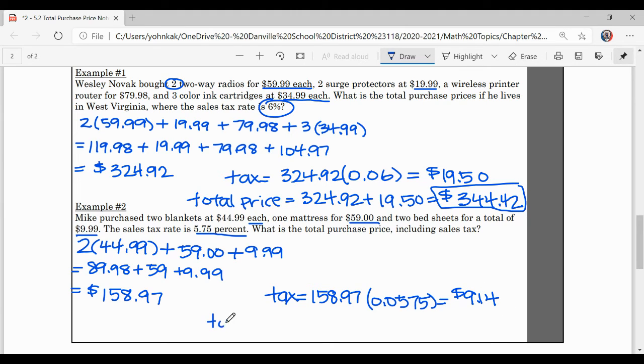Then to find the total price, I'm going to take the 158.97 and I'm going to add on $9.14. That's going to give me a total purchase price of $168.11. So just be careful. There's a lot of numbers. There's a lot of spaces for you to make small mistakes. So just be very careful.